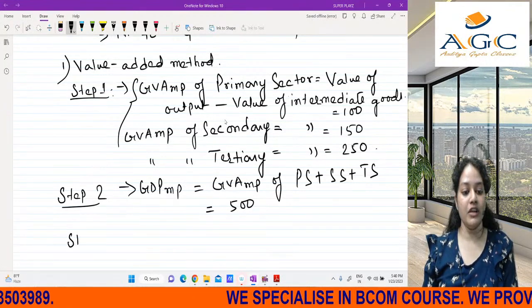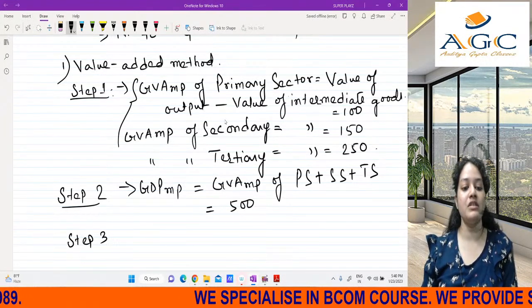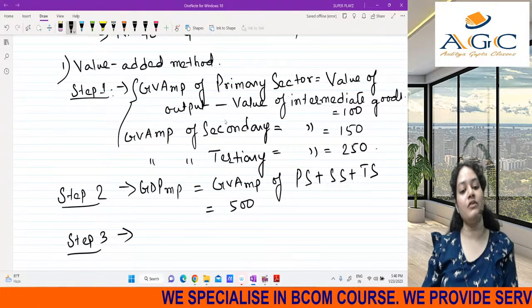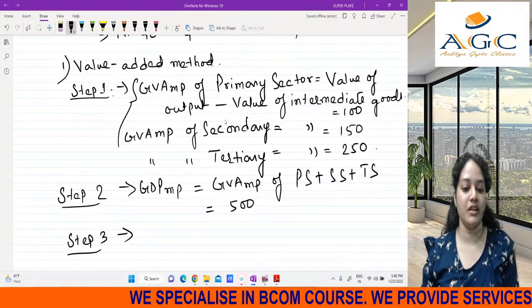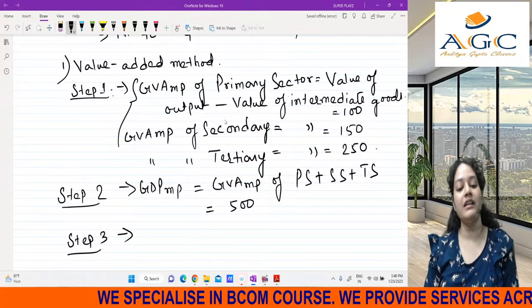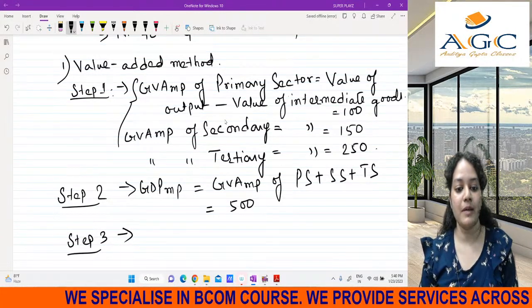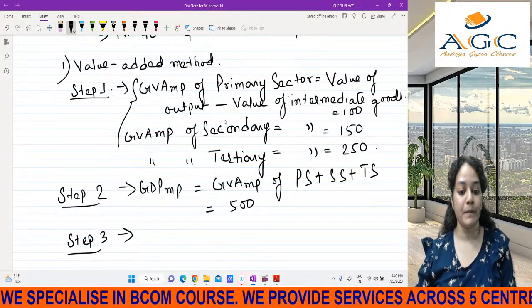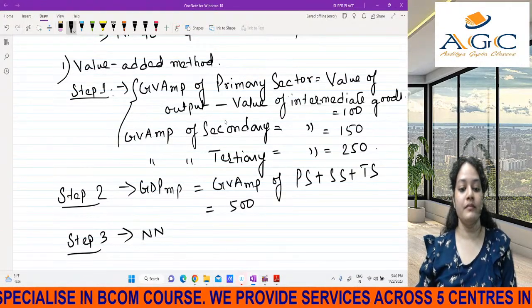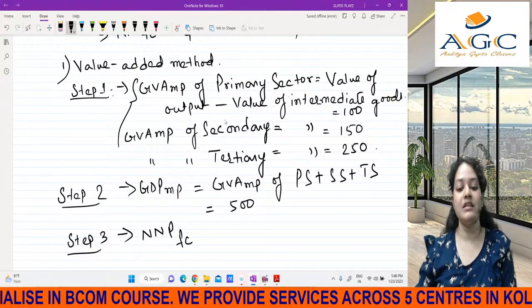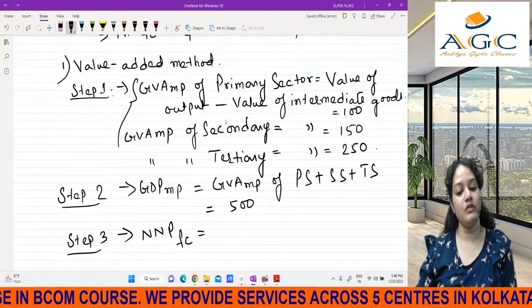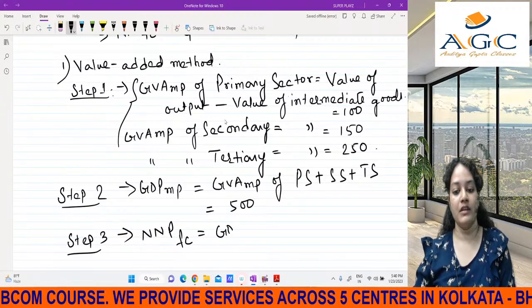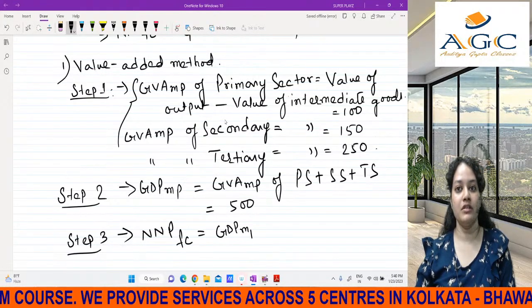Now, after you have got your GDP-MP, if it is said that you have to find out your NNPFC, as in your national income, we are working with that because this is a national income chapter, so we are doing the formulas according to national income. NNPFC, our ultimate motive, is to find out NNPFC. So what do we have to do here?